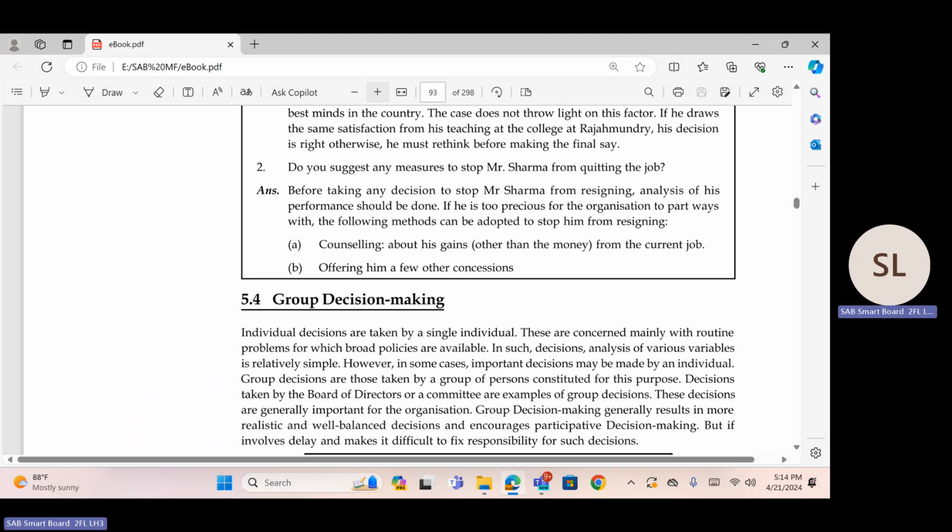If he is very valuable to the organization, the following can be used as options, alternatives. One is counseling about the gains, other than only the salary, from the current job at IIT. But that should be explained before the counseling advice. Second one, offering other concessions.